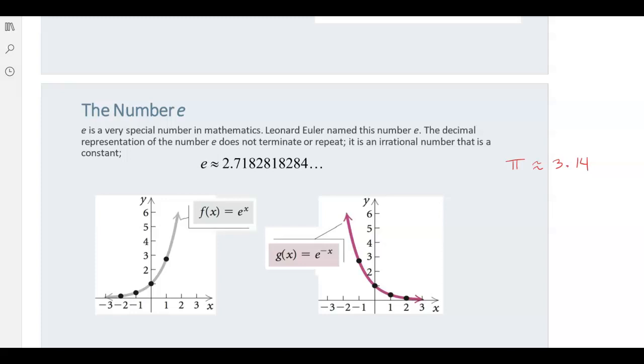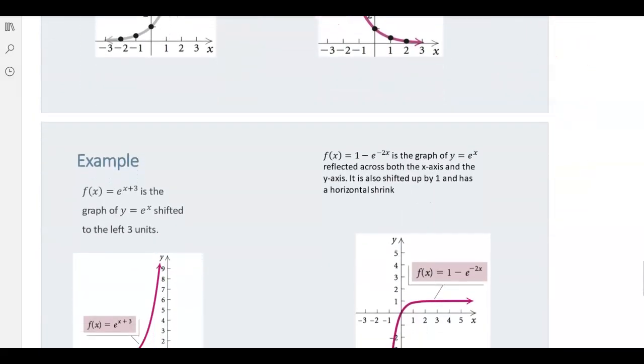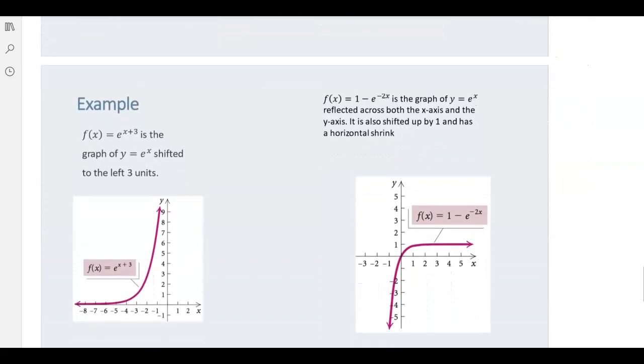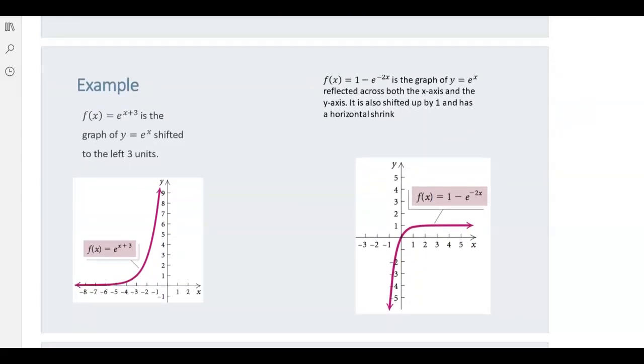Here are the graphs of e to the x and e to the negative x. They look similar to the graphs that we saw before because really we're just looking at, say, 2.7 as the base. We can use the same sorts of graph transformations that we have in the past, where if we have e to the x plus 3, the whole graph will be shifted to the left by 3 units.